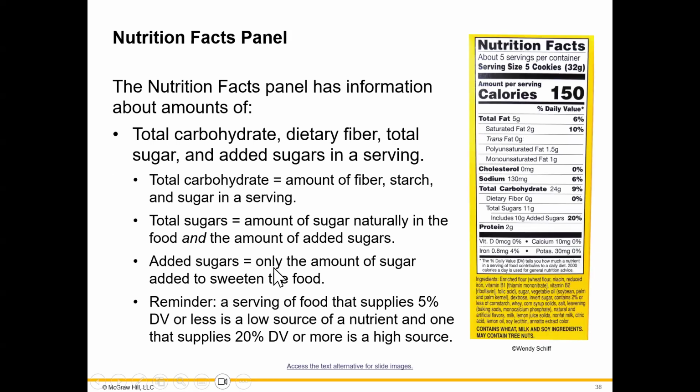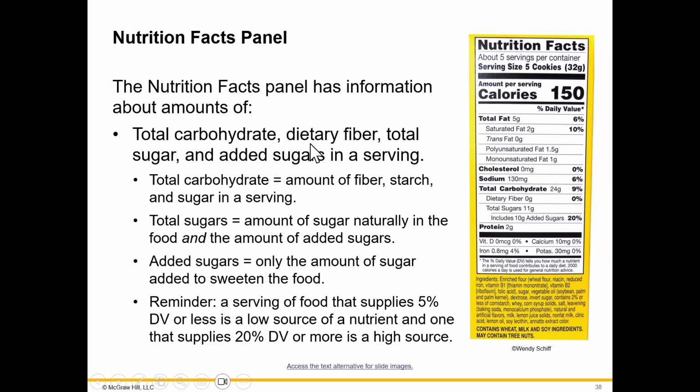So how do we know what we're eating? You know what you're eating by looking at the nutrition facts label, as you see here. The nutrition facts label is found on every food, and by law, they give you the total carbohydrates here, because this chapter is focusing on carbohydrates.